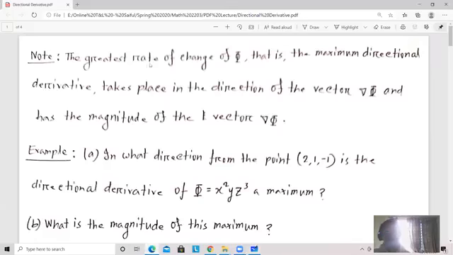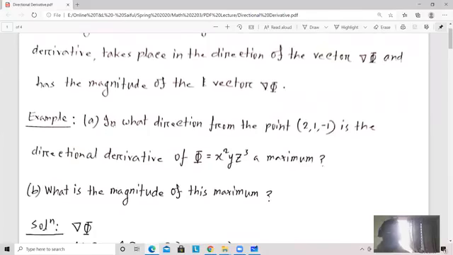The greatest rate of change of phi, that is the maximum directional derivative, takes place in the direction of the vector grad phi and has the magnitude of the vector grad phi. Okay, sir. And here is the related problem. There are two parts of this problem.